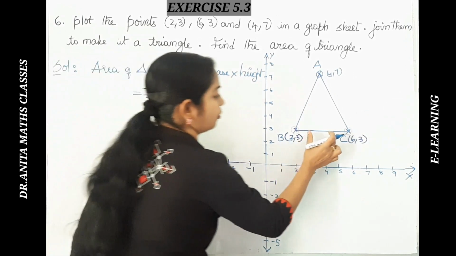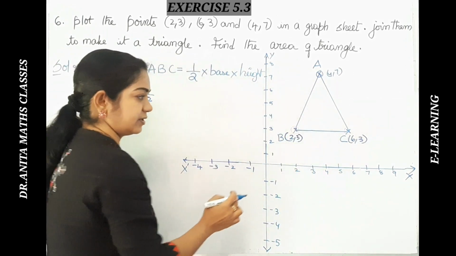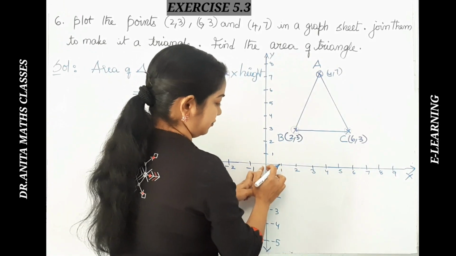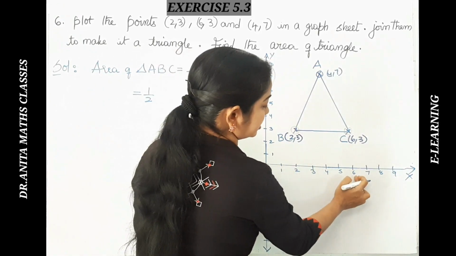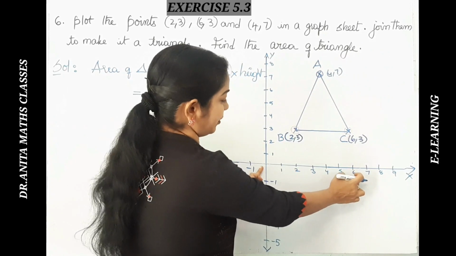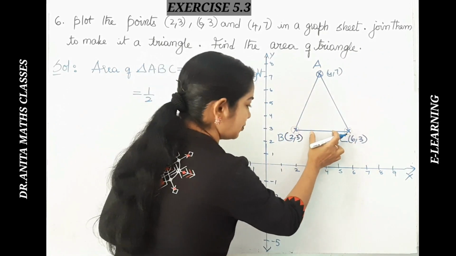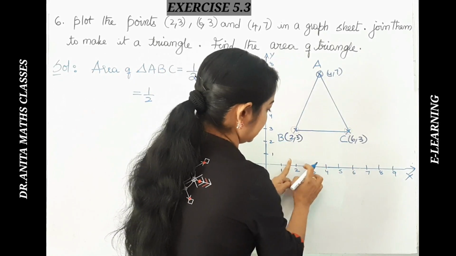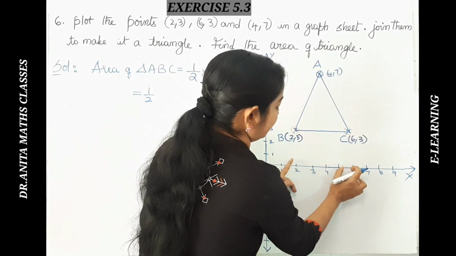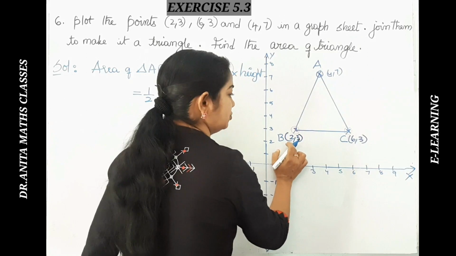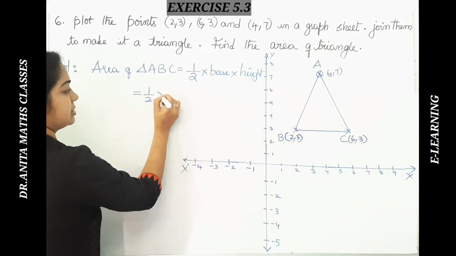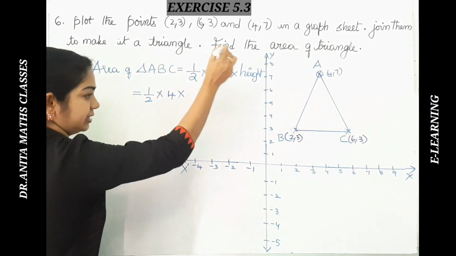Now base, how much is this? From 0 to here is 6 units, but the point has started from 2. So 6 minus 2. So the base is 4. See, clearly you see here 1, 2, 3 and 4. 4 units. 6 minus 2, that is 4 units is the base.